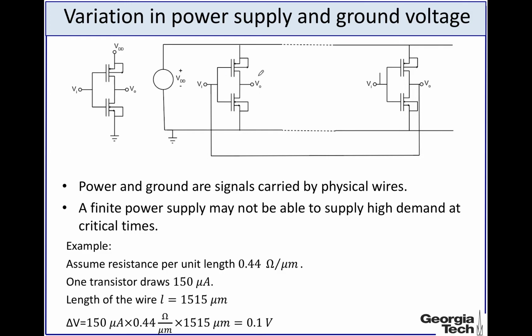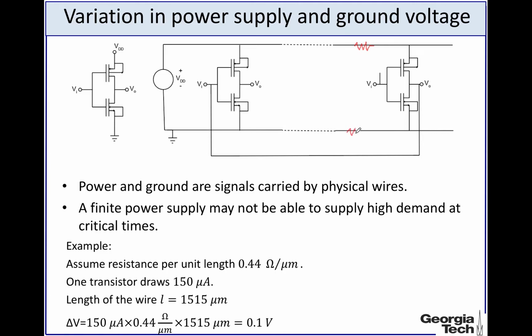Now let's say this inverter is close to the power supply, but this inverter is far away. So as a result, what will happen is that although these metal lines have a small resistance, because of the extended length, this will have a sizable amount of resistance.